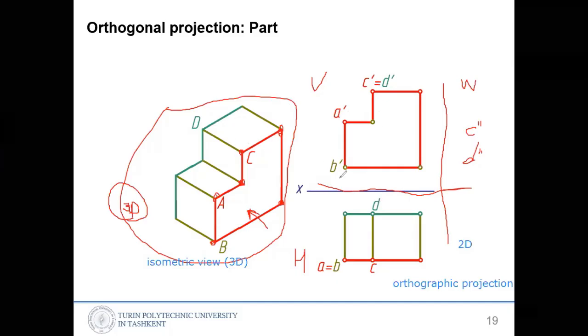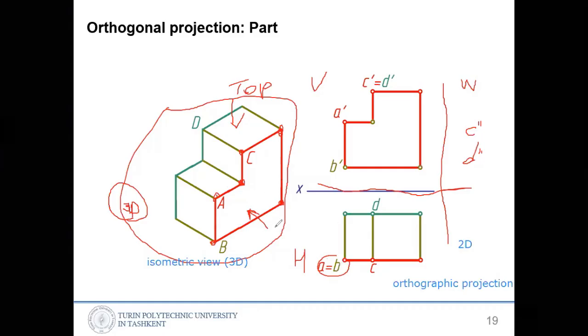Okay, so you draw this one, right? How it looks from the top view, from the top side, you will see this kind of picture. Okay, so this kind of shape, and then you have to draw it. The points A and B lie in the same line, so that's why A equals B here.